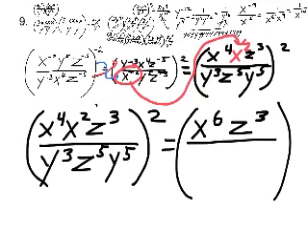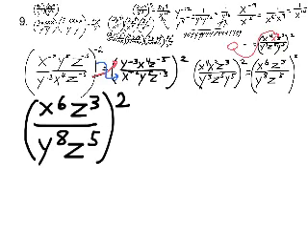Now on the bottom, I've got y to the 3rd and y to the 5th. That's 3 y's times themselves times 5 y's times themselves. That's 8 of them. Y to the 8th. And then I've still got my z to the 5th. And then the whole thing is to the 2nd power.